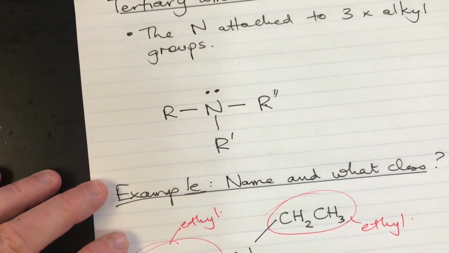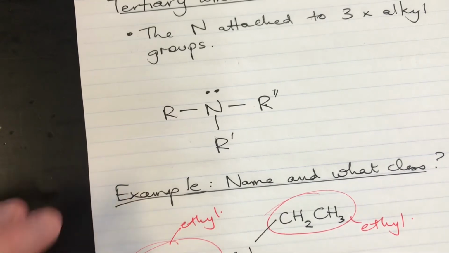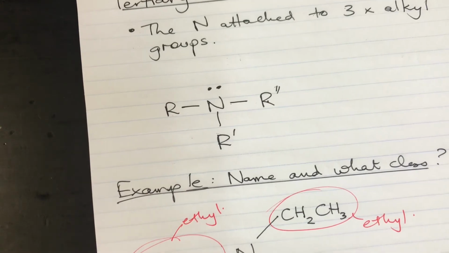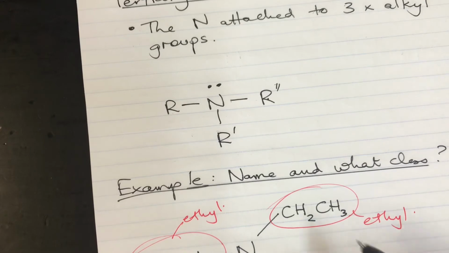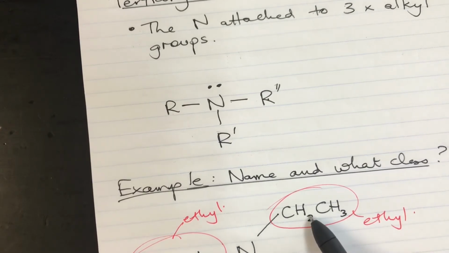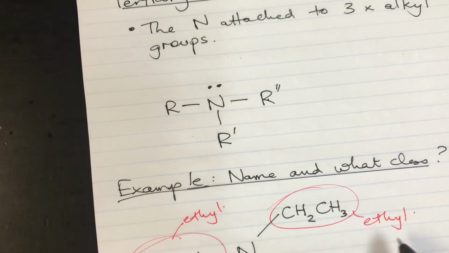It always ends in amine because it's an amine, nitrogen attached to 3 other things, whether they be hydrogen or alkyl groups. Now let's just have a look at the alkyl groups. There's 2 ethyl alkyl groups and 1 methyl. We name them by naming each of the alkyl groups in alphabetical order.